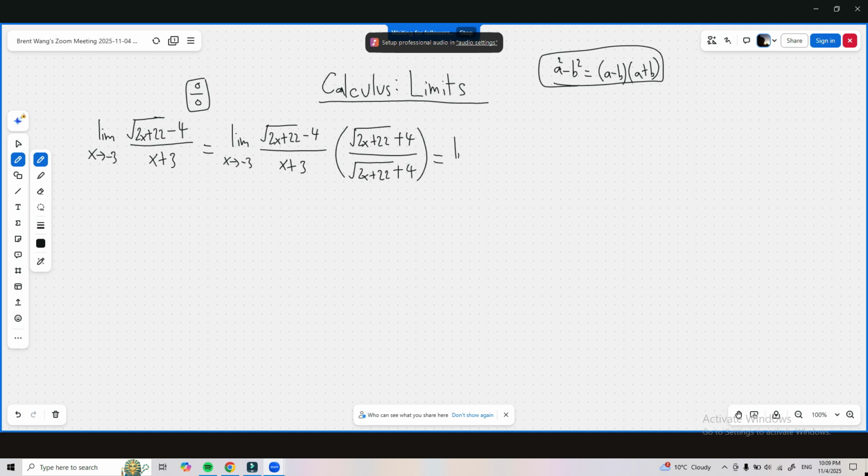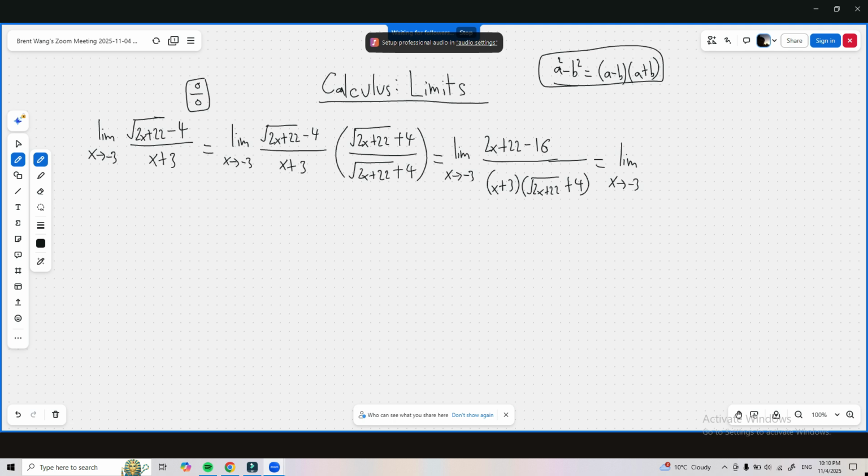So limit as x goes to negative 3, and then this is equal to, so this is 2x plus 22 minus 16 divided by the denominator x plus 3 times root 2x plus 22 plus 4, equal to limit as x approaches negative 3.